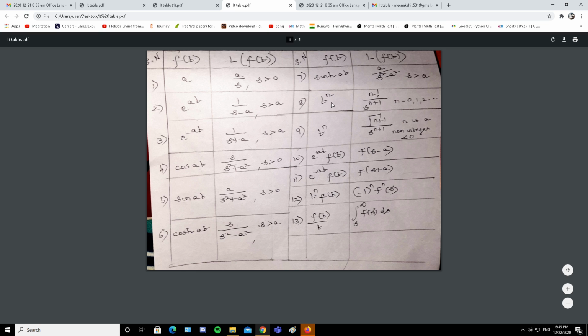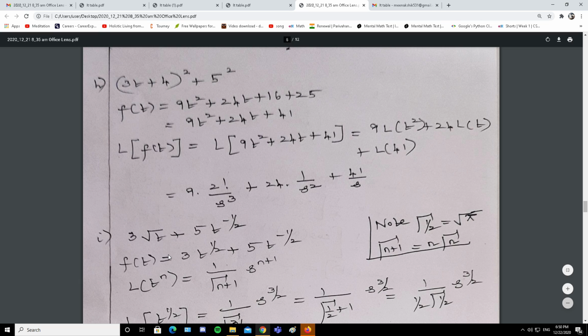When you have integral powers of t, make use of the formula n factorial by s power n plus 1. When you have rational powers of t, make use of the formula gamma of n plus 1 by s power n plus 1.